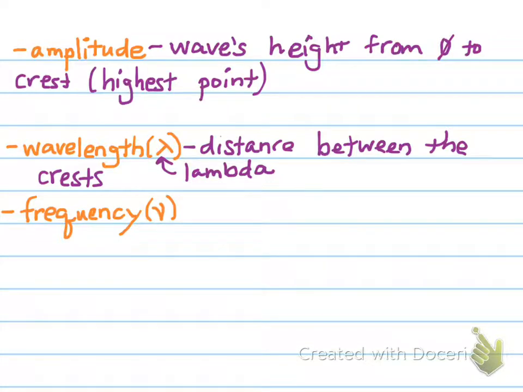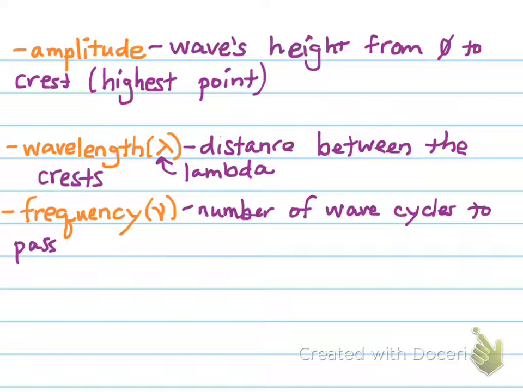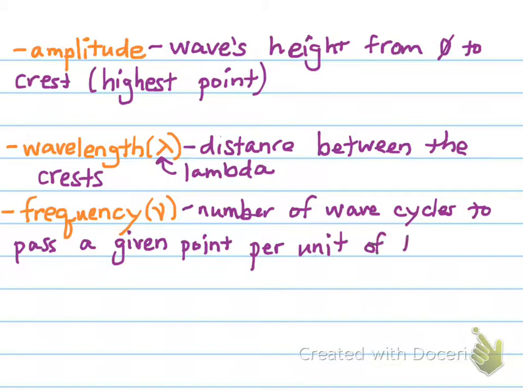Frequency is defined as the number of wave cycles to pass a given point per unit of time.